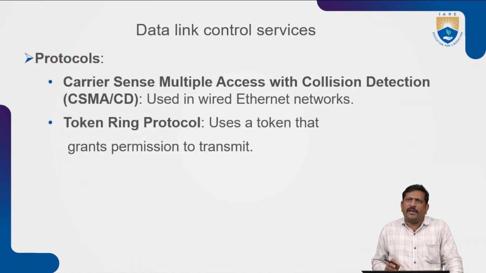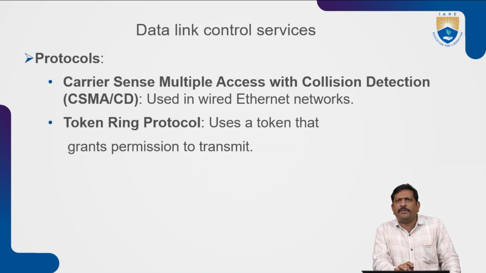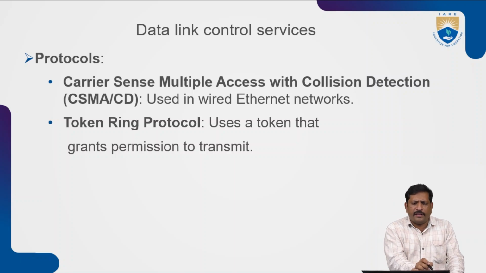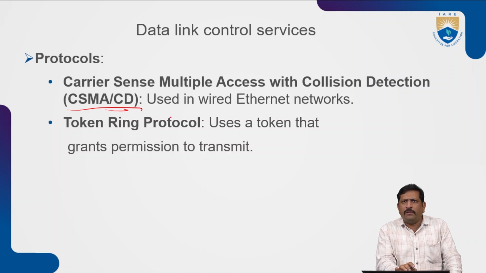The protocols generally used for access control are the CSMA/CD protocol or the token ring protocol. CSMA/CD means carrier sense multiple access with collision detection. By using this protocol, multiple resource accesses at the same time can be controlled.